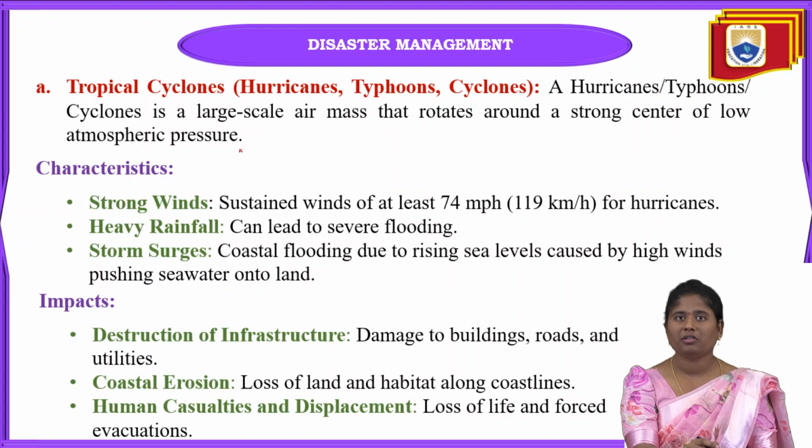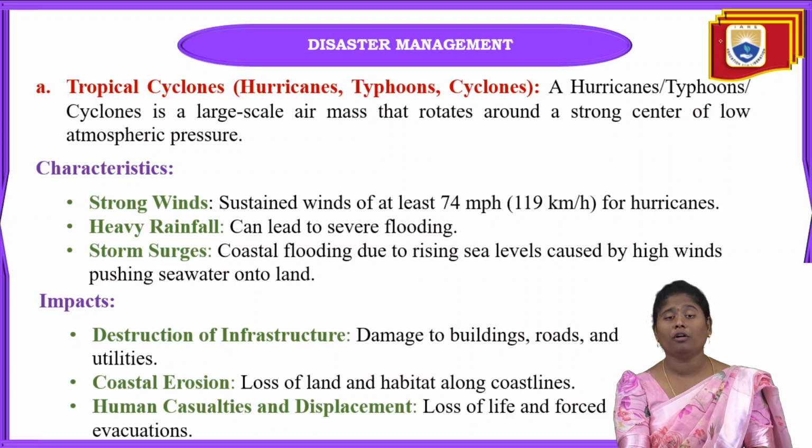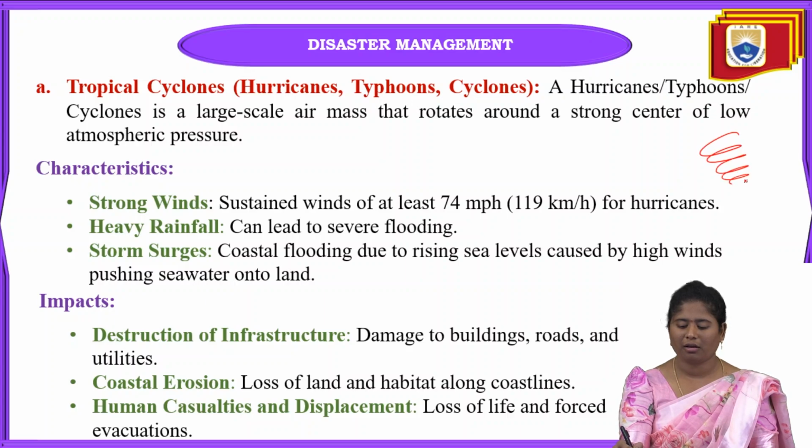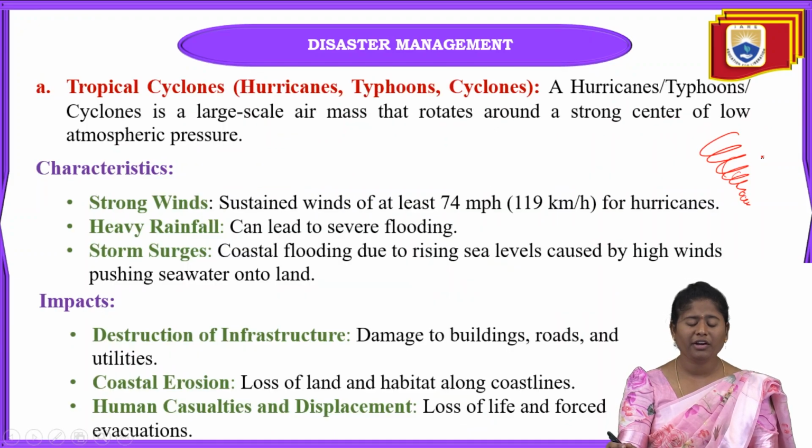And here, firstly, what is meant by tropical cyclones? It is nothing but a large scale air mass that will rotate around a strong center of low atmospheric pressure. Means due to the large scale air masses that rotate like this, that is called a tropical cyclone.